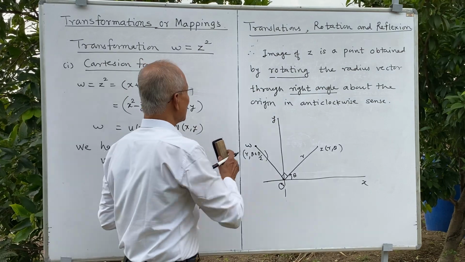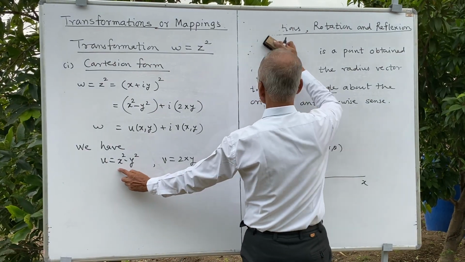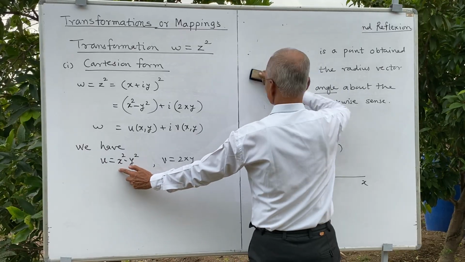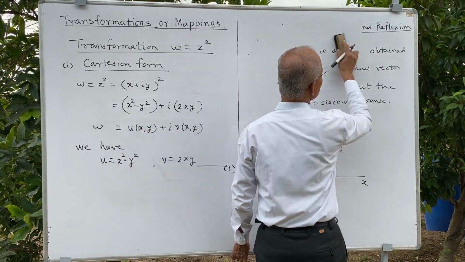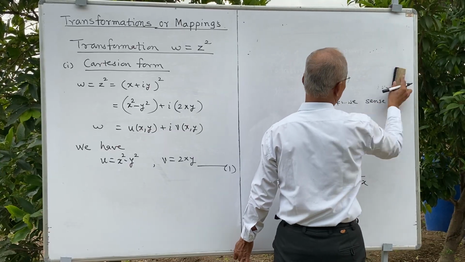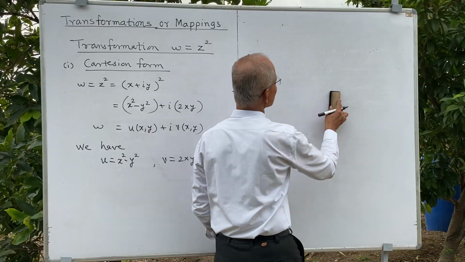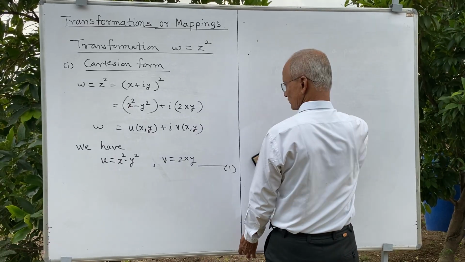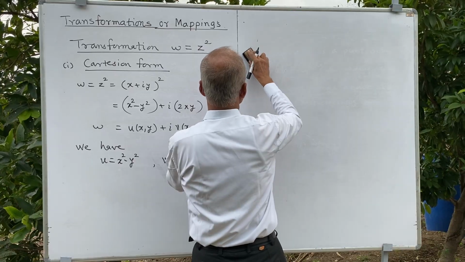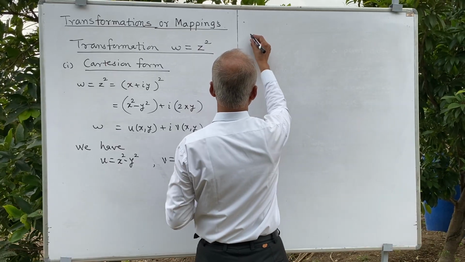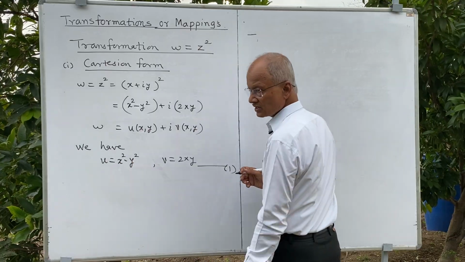Now we will have two curves here, x square minus y square in the xy plane, and we shall see its image in the w plane. Consider first u is equal to c1.